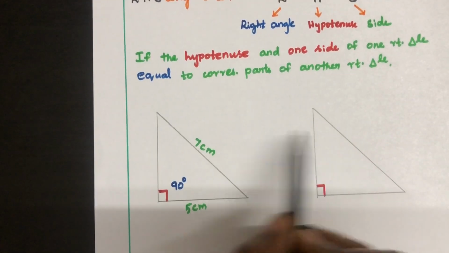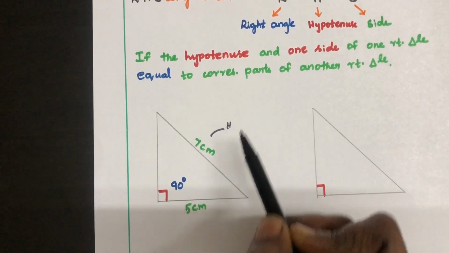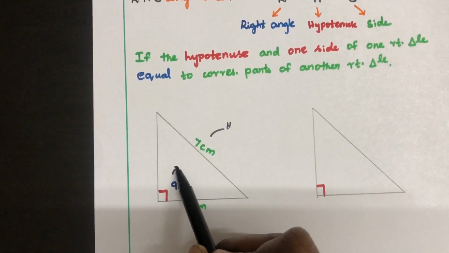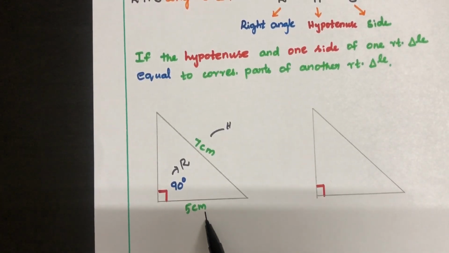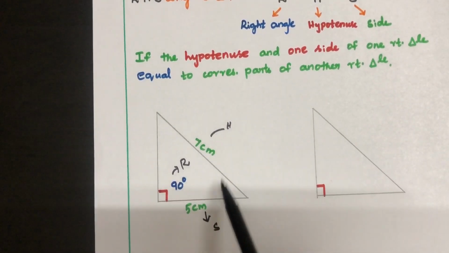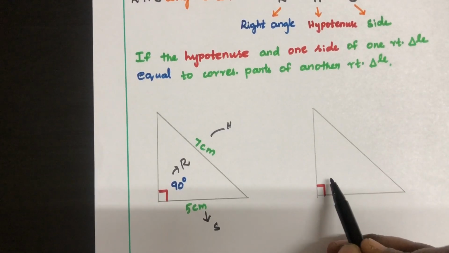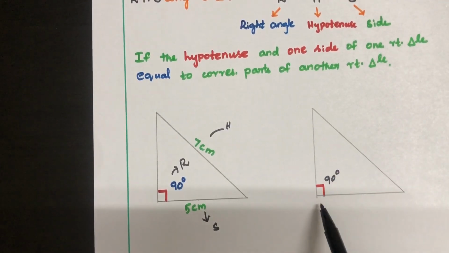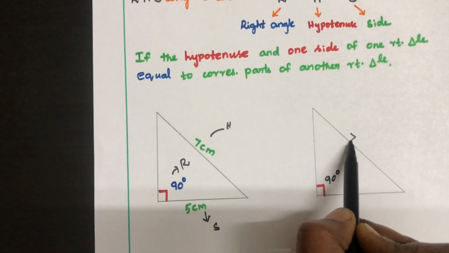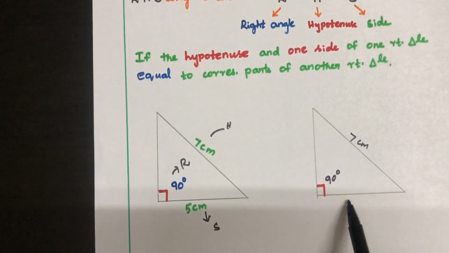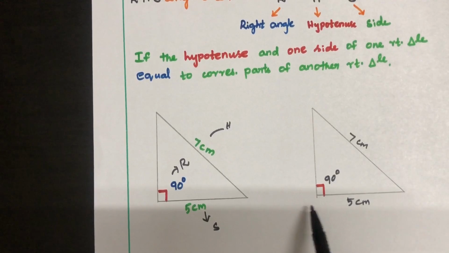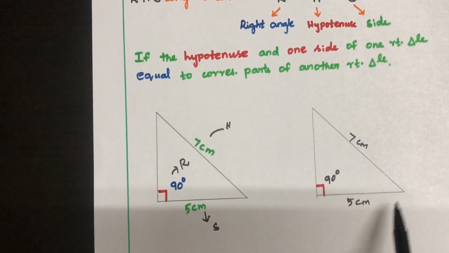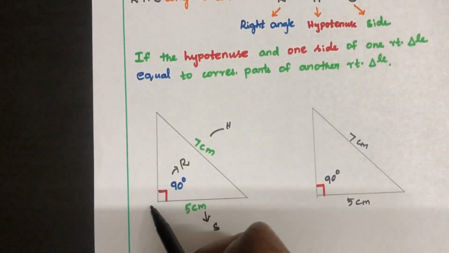See here, this is the hypotenuse, this is the right angle and this is a side. So if you have a triangle with the same right angle, same hypotenuse and 5 centimeter in the base, same side, then they are congruent.